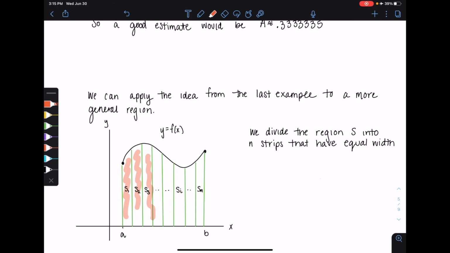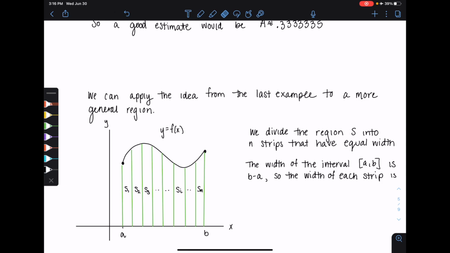So you can see where summation is going to play because I'm going to sum up these areas. If I want to know the width of each and every single strip, we know the length of the interval is b minus a. So if I want the width, I'm going to take the length of my interval divided by the number of strips I want. So every single strip is going to have width b minus a over n.